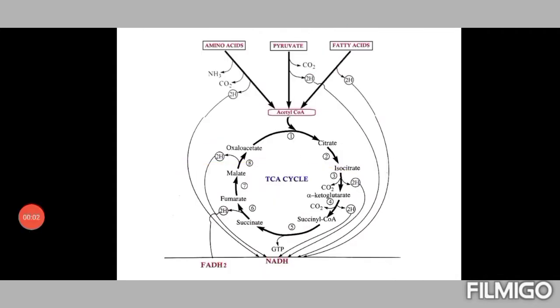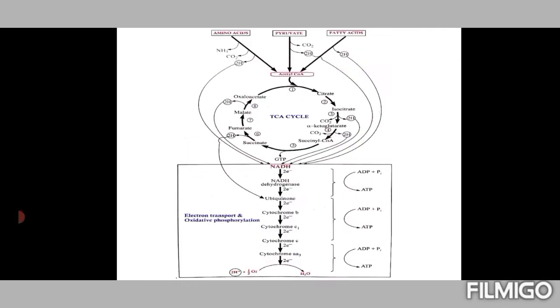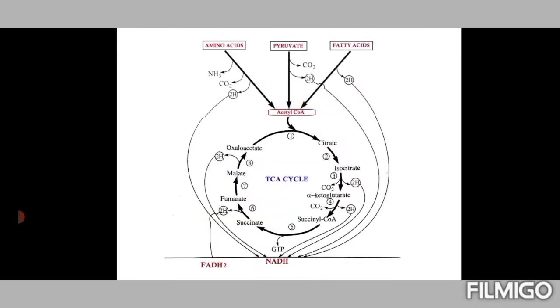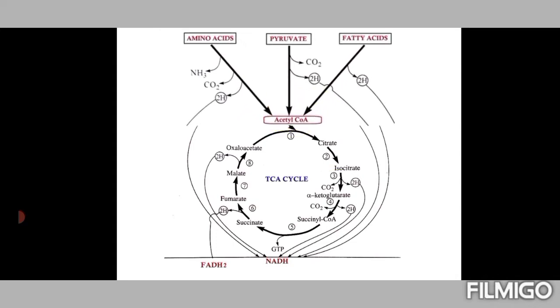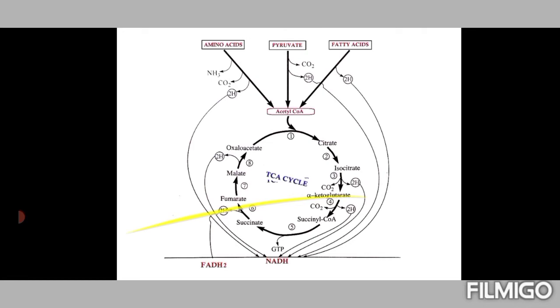Now these molecules here, amino acids, pyruvate, fatty acids, are formed as a result of oxidative degradation of food molecules. For example, pyruvate is formed from glucose through glycolysis, and acetyl coenzyme A is here. These are the molecules which are fed into the TCA cycle. Now, the function of the TCA cycle or citric acid cycle is the harvesting of high energy electrons from these carbon fuels.